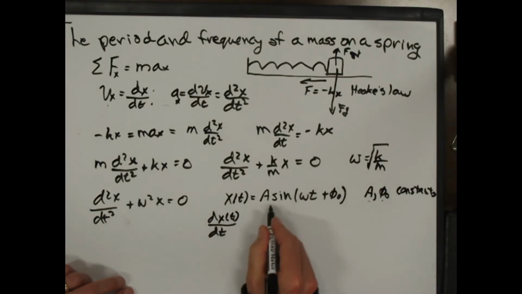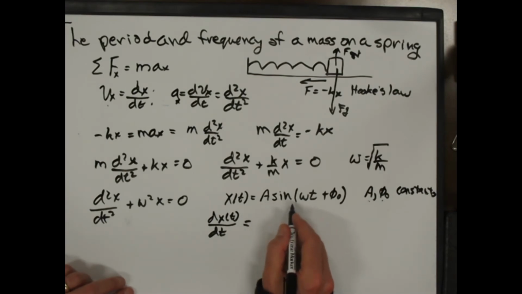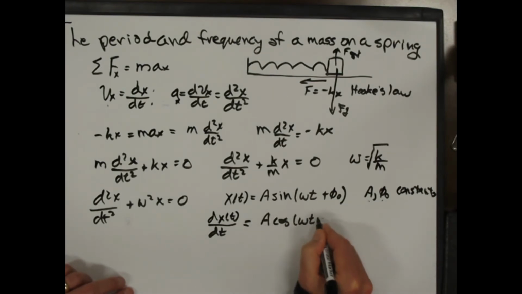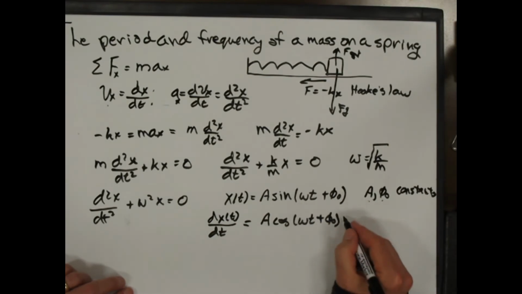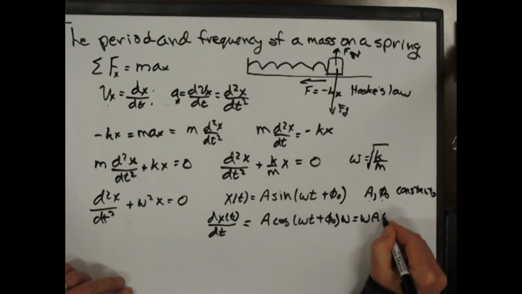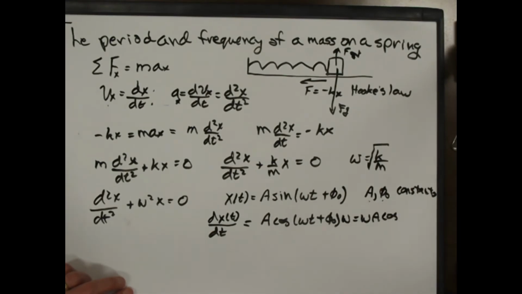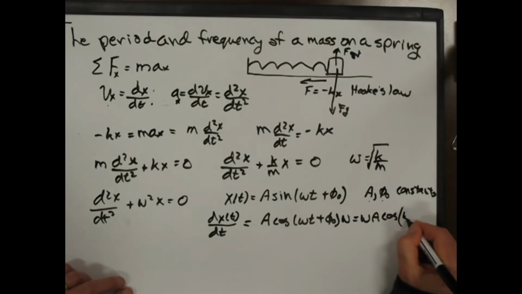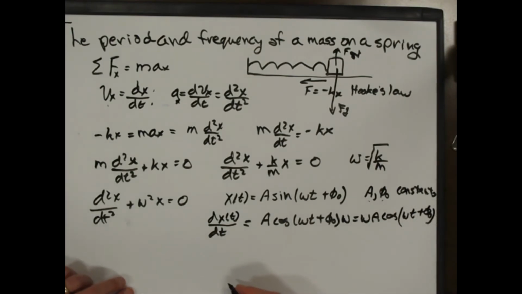We're going to take the derivative of this, and so the derivative of this is a constant times sine. The derivative of sine is cosine, so this is going to be a cosine of omega t plus phi naught, times the derivative of what's inside, which is omega. And so it's omega A cosine of omega t plus phi naught. That's the first derivative.